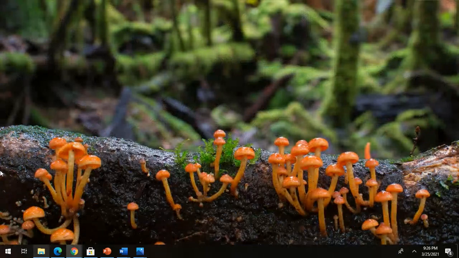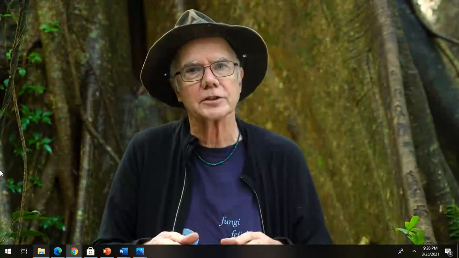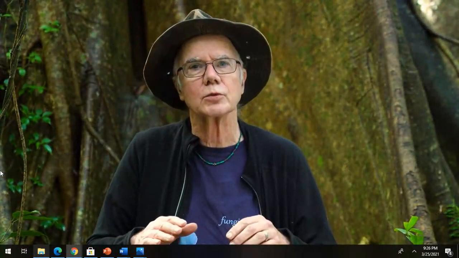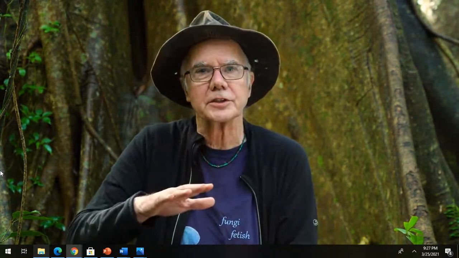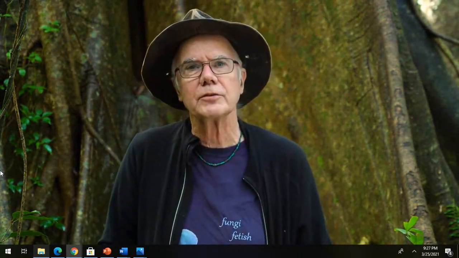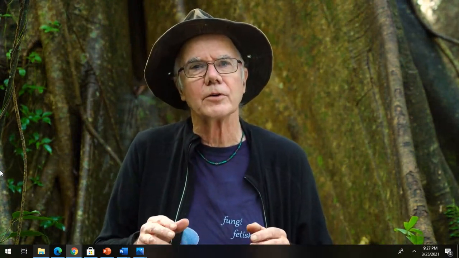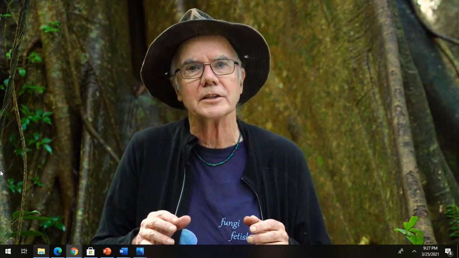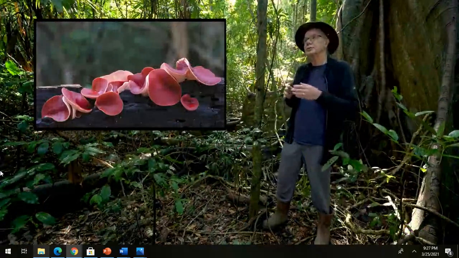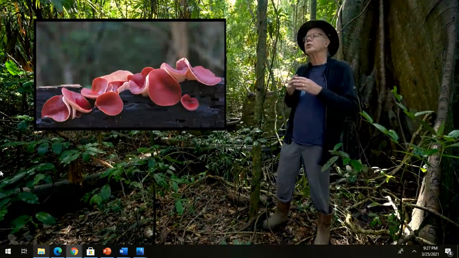Without these saprobes, all the fallen wood in the forest would just pile up, like it did back in the Carboniferous era, over 300 million years ago, when the dead trees were gradually compressed into coal seams. The Carboniferous era ended when fungi evolved the ability to break down lignin in wood and decompose it, recycling all those nutrients back into the soil to feed the trees.